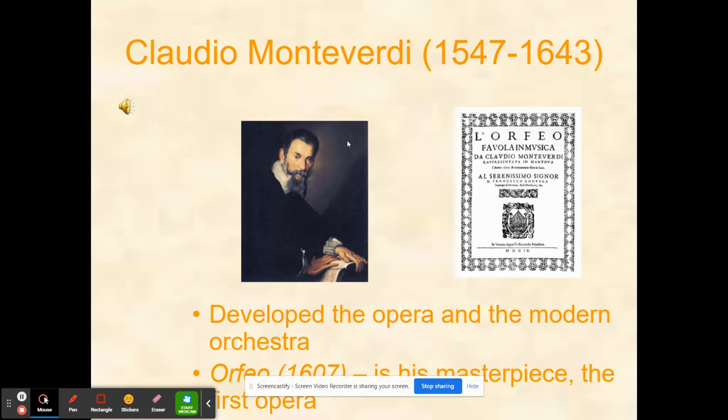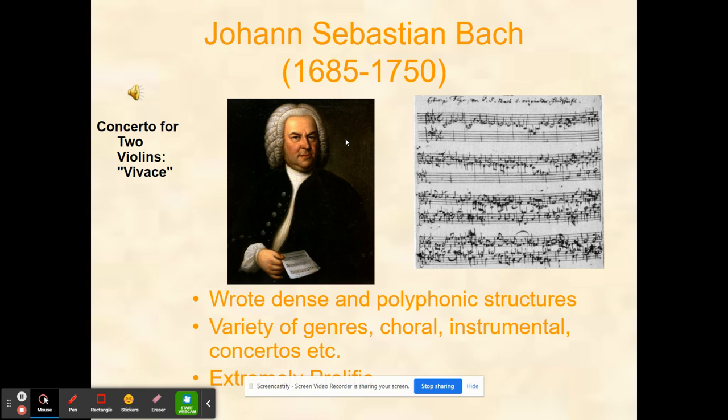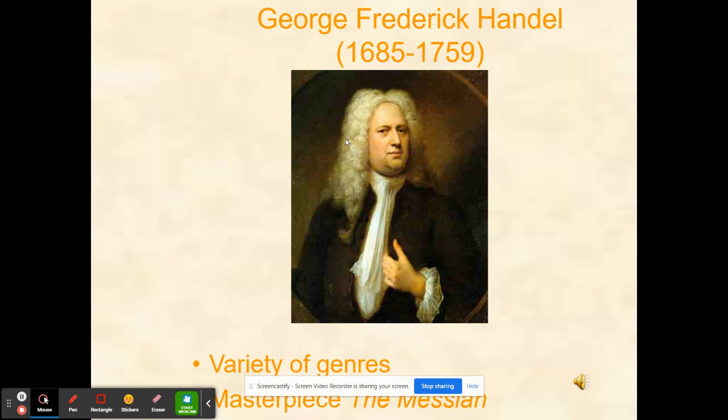He's the beginning of the opera that we're going to see. We're also going to see Bach has very much the emotional tone we talked about. And we see this idea of putting different stringed instruments together under Bach. And then, of course, Handel, his Messiah, the very much emotional power. And all these people are supported by the monarchs. In Handel's case, it was the English monarchs that were supporting him.